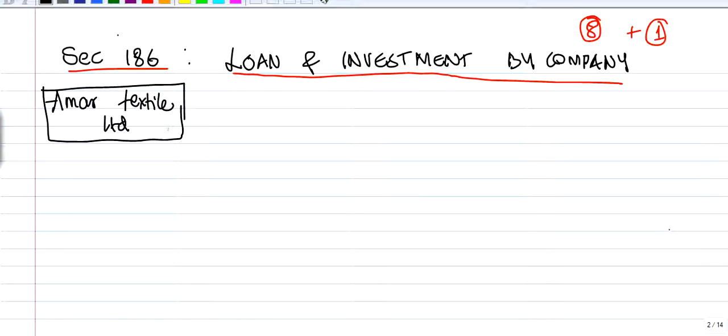The company has investments in the shares of the other body corporates. Let's say Amar Cotton Company Limited.